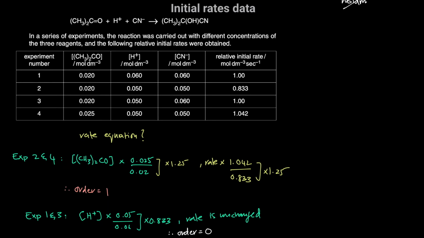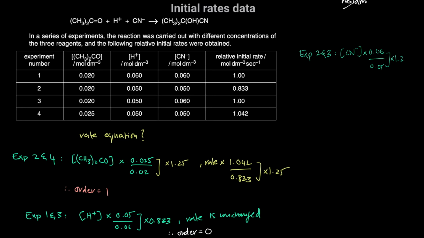If we look at experiments 2 and 3, we can see that the concentration of CN minus ions changes by a factor of 0.06 divided by 0.05, so a factor of 1.2.